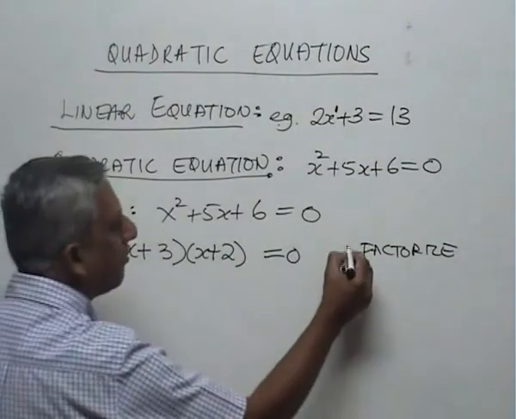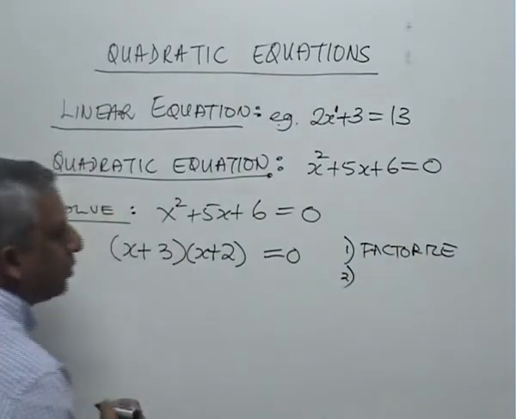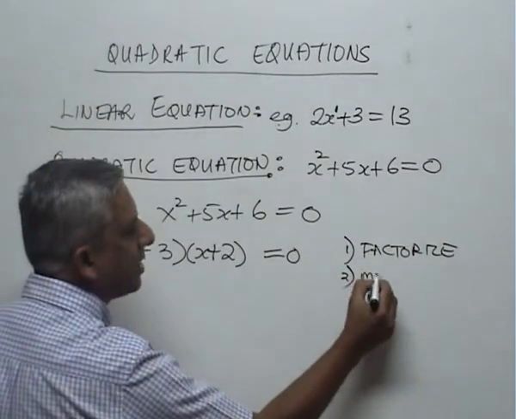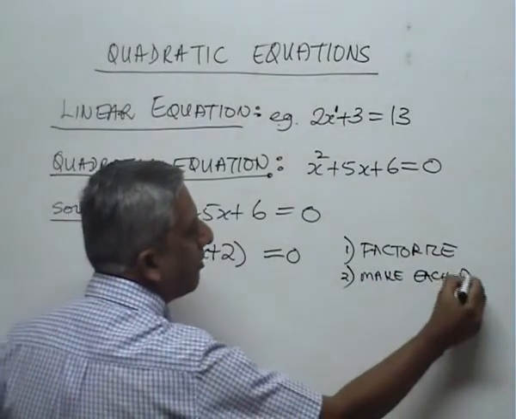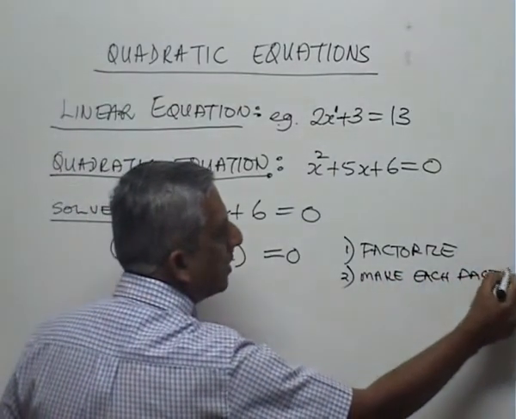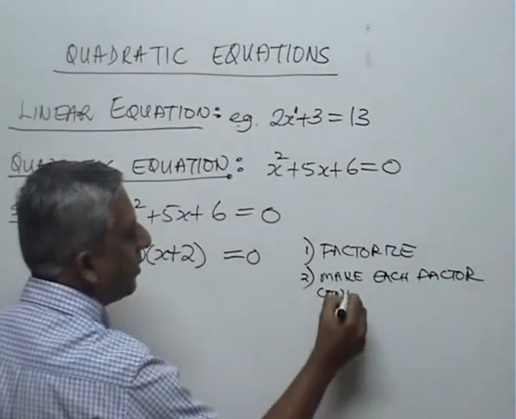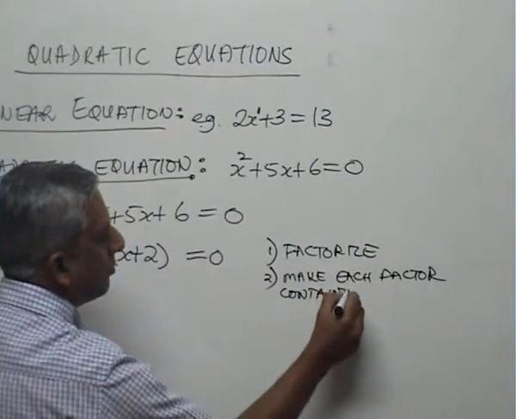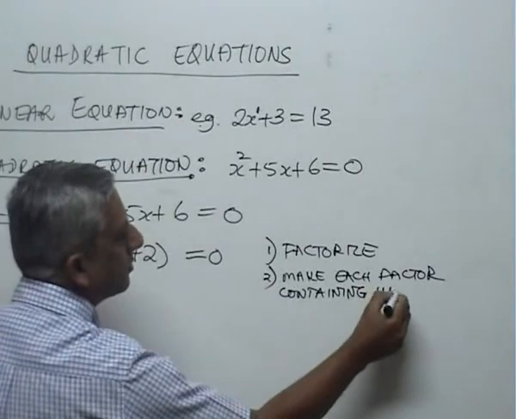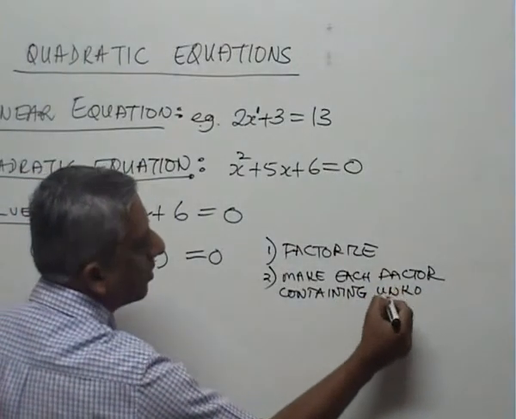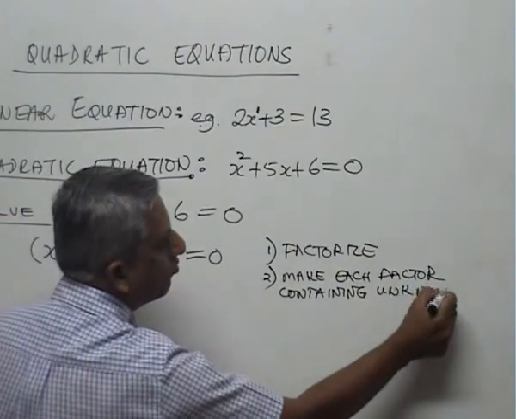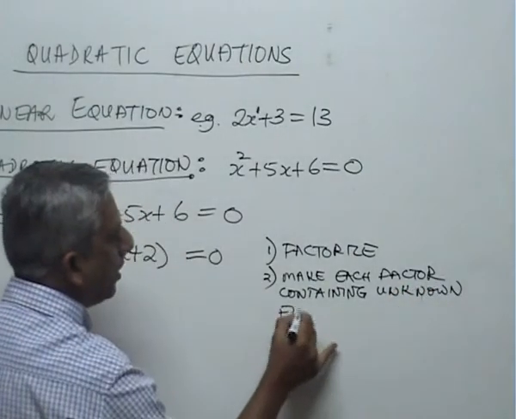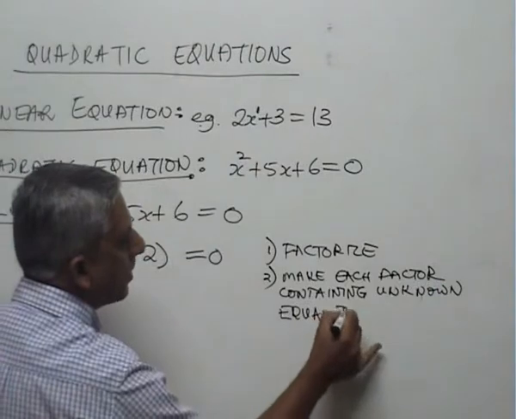Number 1, factorize. Then number 2, you must make each factor containing the unknown equal to 0.